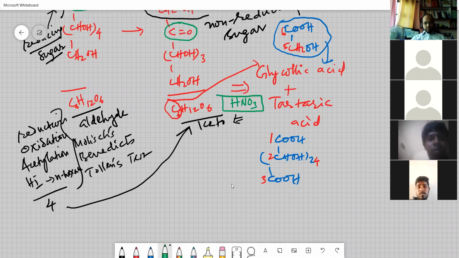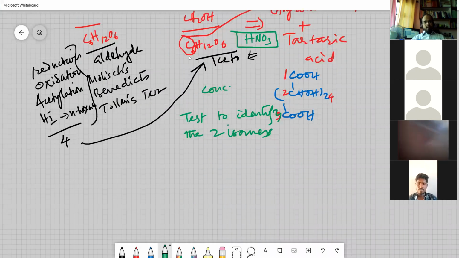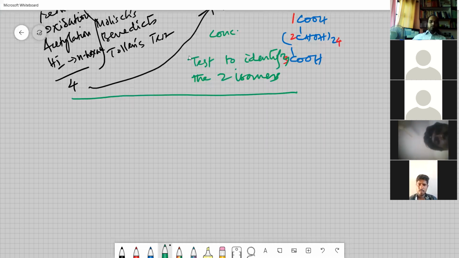In the presence of concentrated nitric acid, which is a strong oxidizing agent, the fructose tends to give glycolic acid plus tartaric acid with 2 number of carbon atoms and 4 number of carbon atoms respectively, which is not given by glucose. Therefore, this is the test to identify the 2 isomers. What are the isomers? Glucose and fructose. So this is the most basic difference between glucose and fructose.